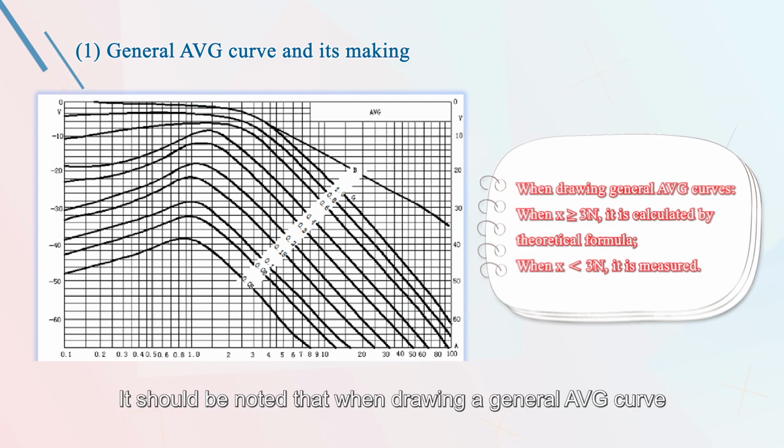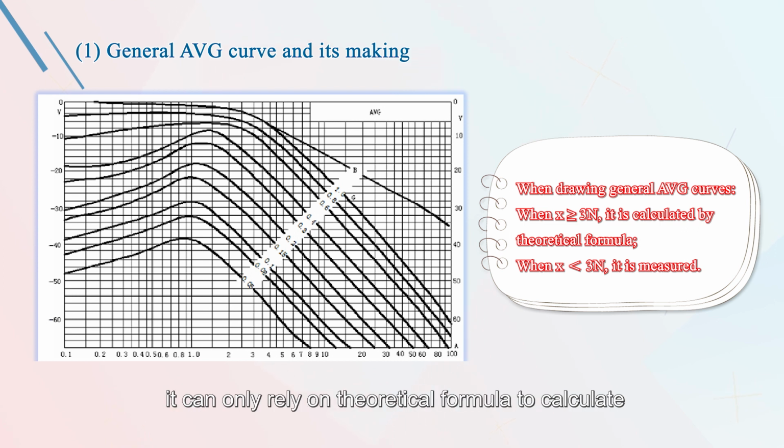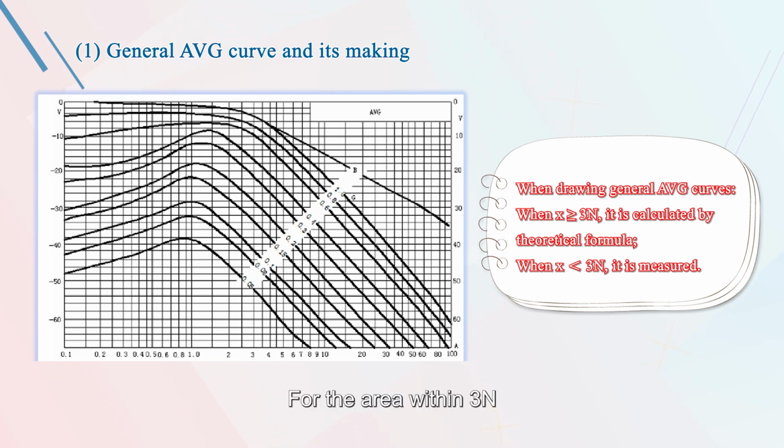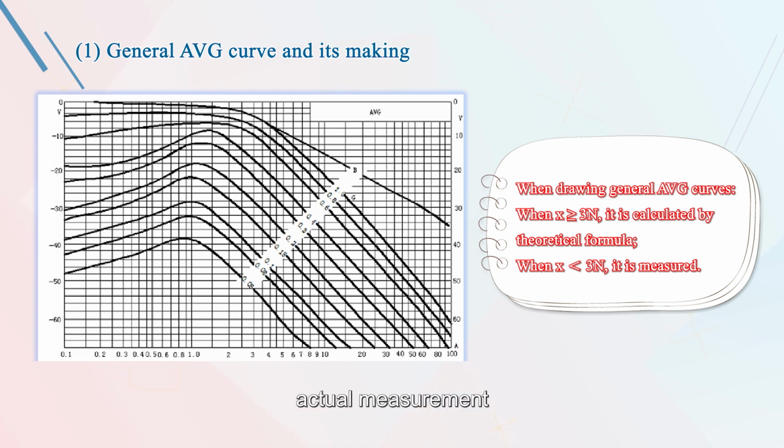It should be noted that when drawing the general AVG curve, we can only rely on the theoretical formula to calculate and draw the curve in the area where x is more than 3N. For the area within 3N, since the theoretical formula is no longer applicable, the curve of this area needs to be obtained through actual measurement.